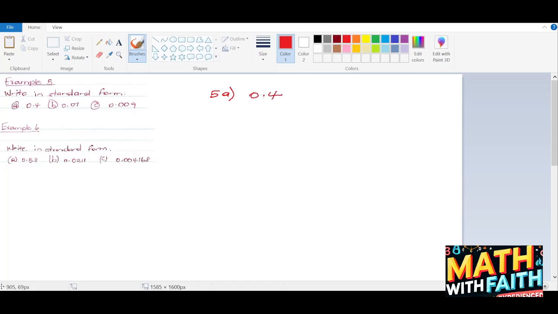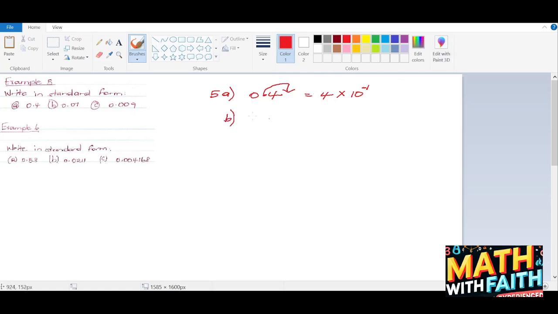So we have to move the point once to the right here to get one digit before the point. So that one digit will be 4 multiplied by 10, and it's once we moved it, so it's minus 1. We moved it once to the right to make it bigger, so it's a negative index, right?